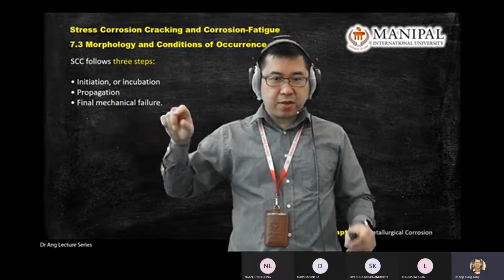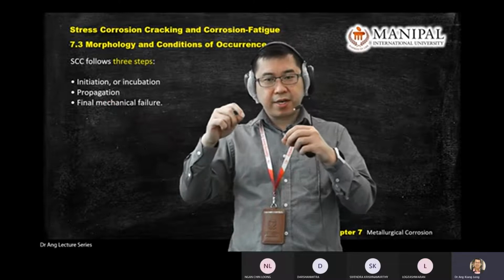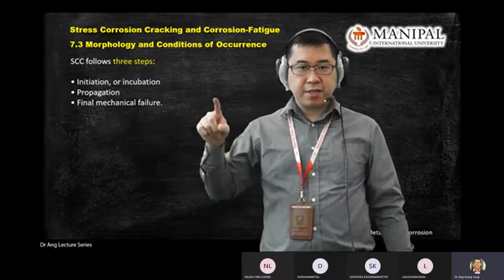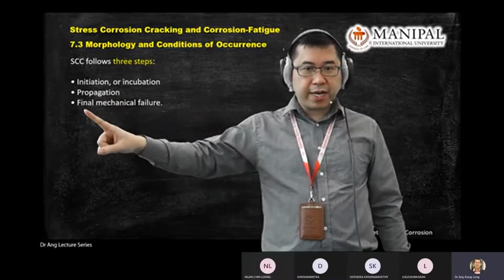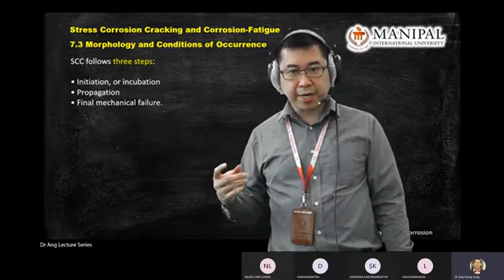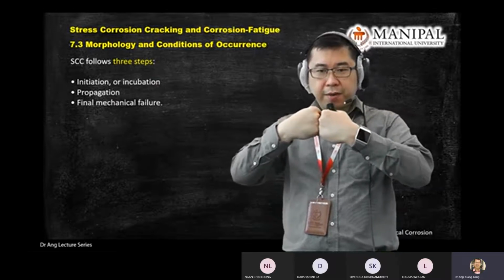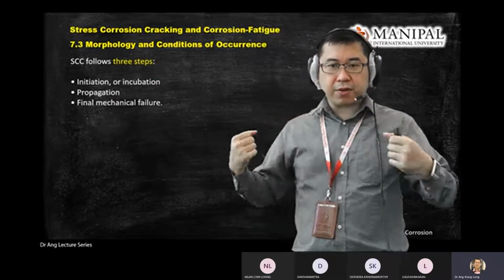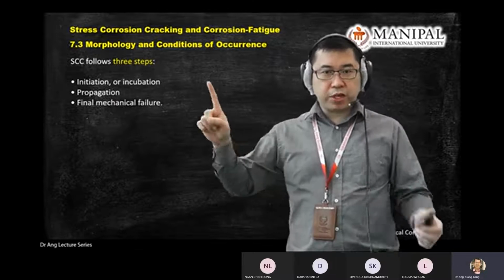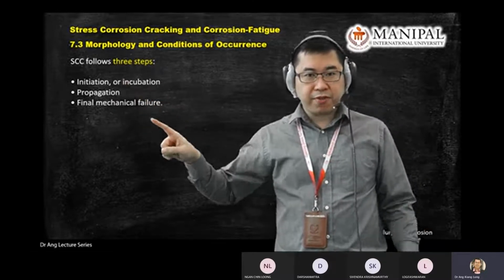And once it propagates deep enough, as for example the thickness of the material, then we call it failure, right? Mechanical failure means the break off or fracture or breakdown of the material. So incubation or initialization, propagation, and final failure.